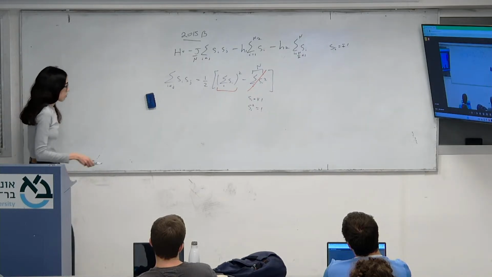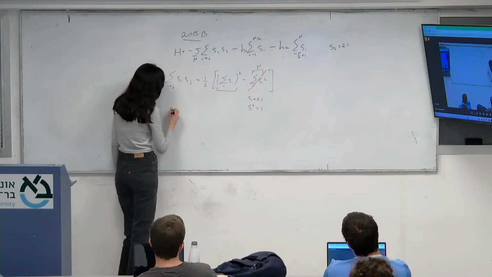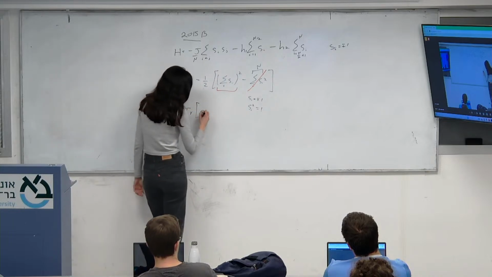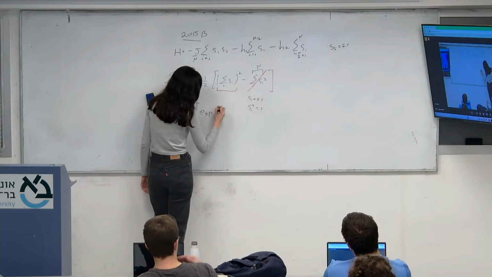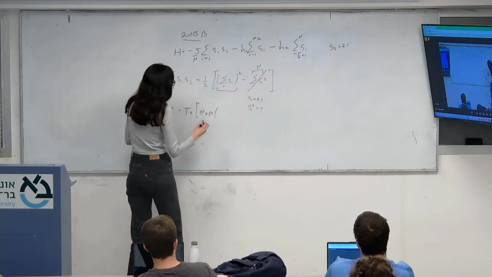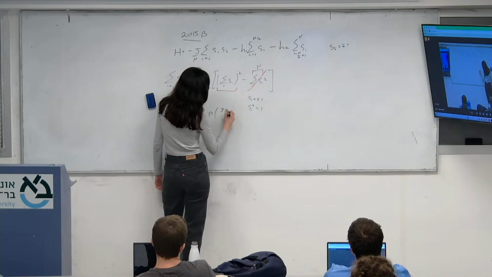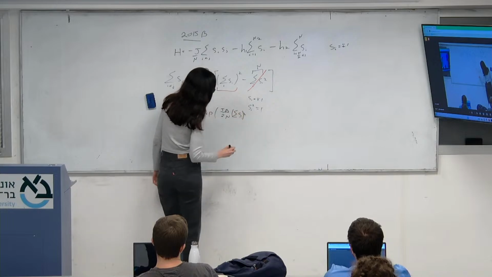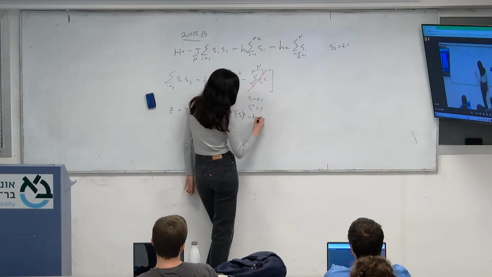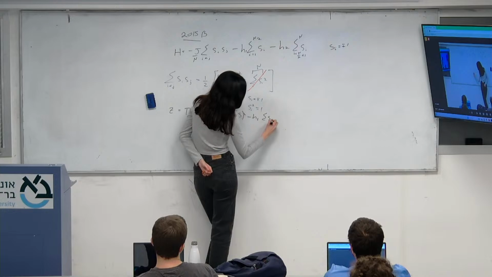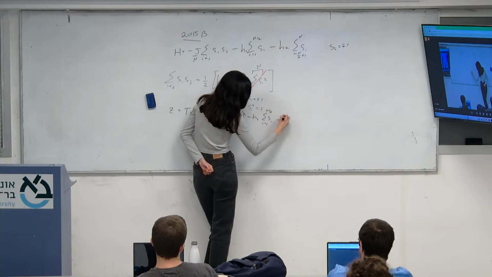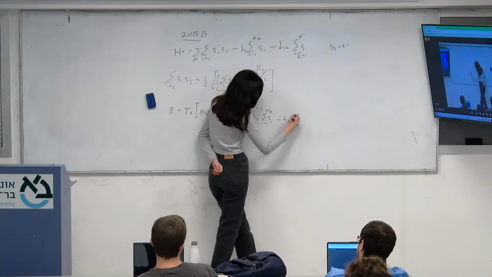So now when we're going to write the partition function, we have J beta sum over n of S_i squared minus h1 minus h2.